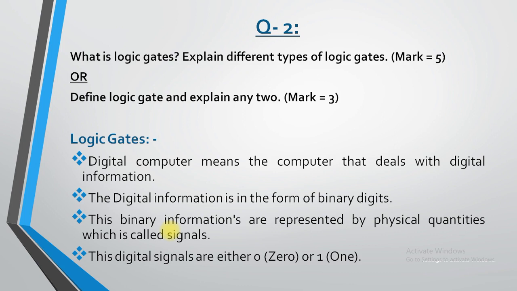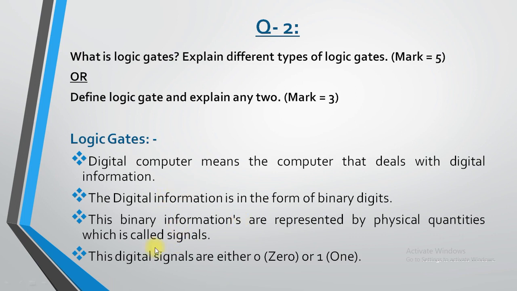These digital signals are either 0 or 1, which represent binary digits. Let me repeat this point once again. A digital computer means any computer that works with digital information. This digital information is in the form of binary digits, and this binary information, represented by physical quantity, is called signals. Physical quantity means 0 1 0 1 0 1, that language is known as physical quantity.